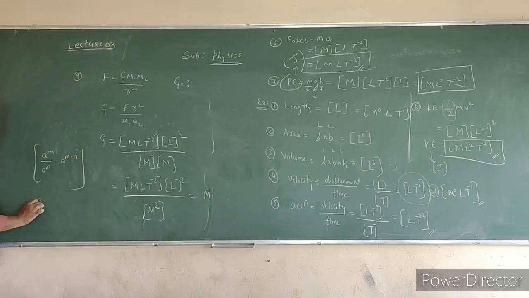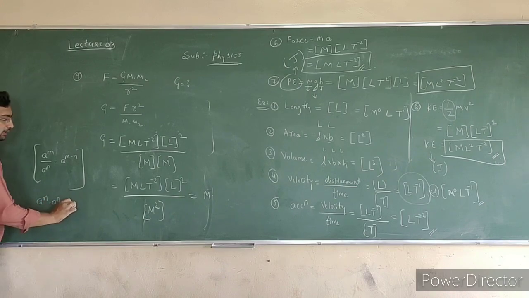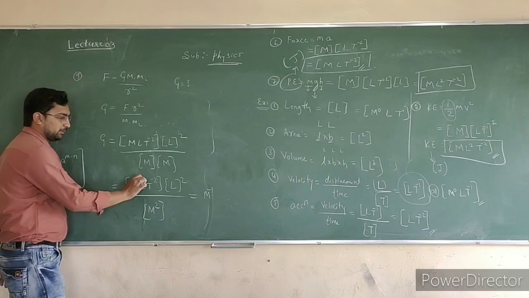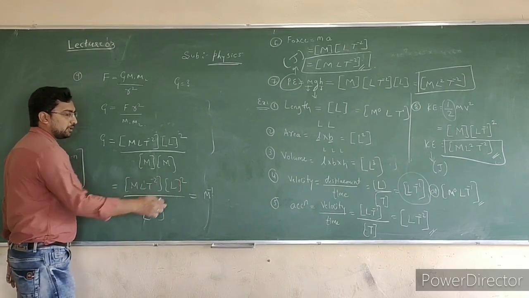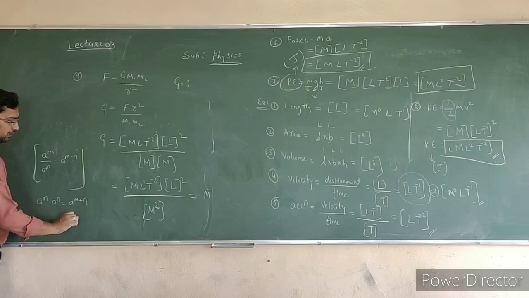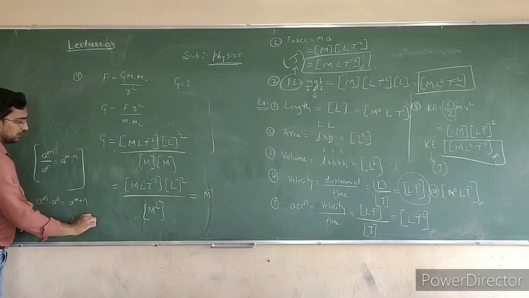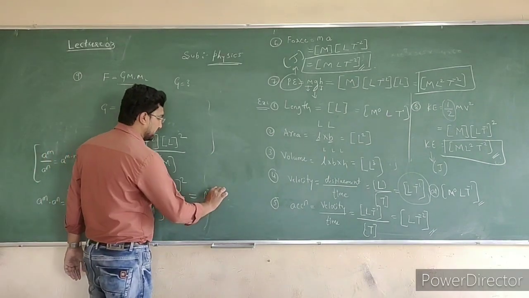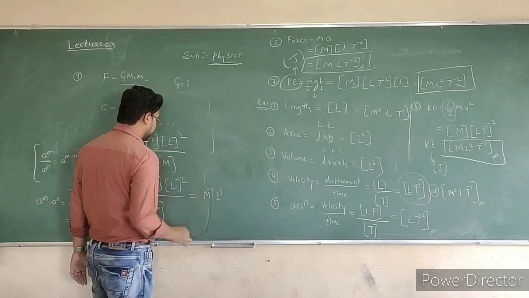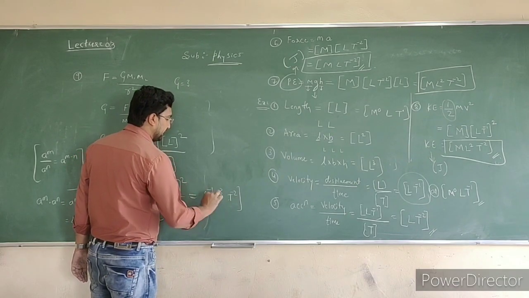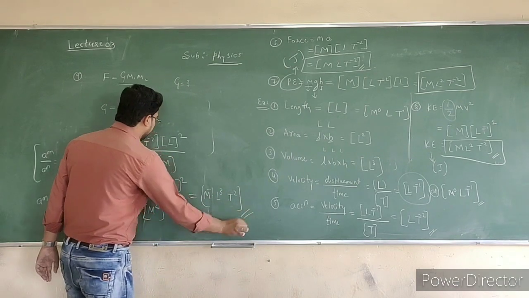So this is the form of a to the power m into a to the power n, then a to the power m plus n. So L to the power 1 into L to the power 2 is equal to L cube. Right? So M to the power minus 1, L cube, T to the power minus 2. So this is the dimension formula of G.